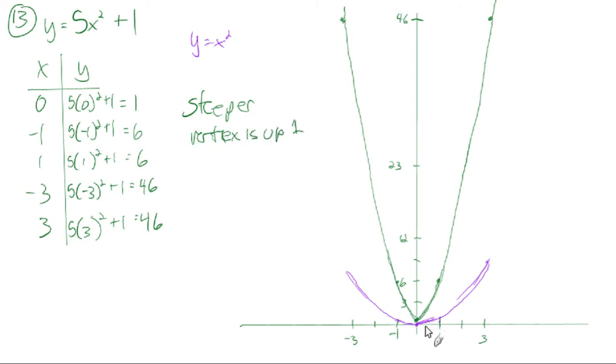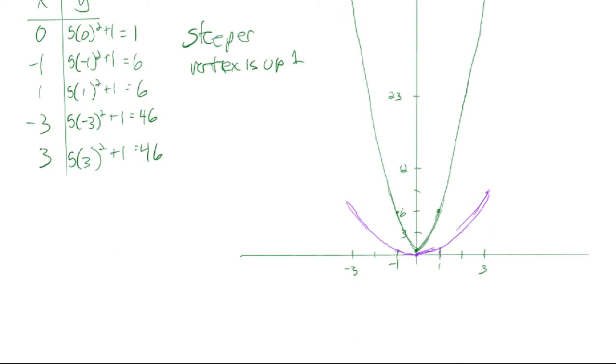Up 1 unit from where x squared was. And look at why that is. We're doing our whole squared thing here like we have been for the last few problems, but then we add 1. So everything just gets 1 bigger, right? We add on 1 to every output value. This would have been 0, except we added 1 onto it, and so everything's just got that shift up 1. So for what that's worth.